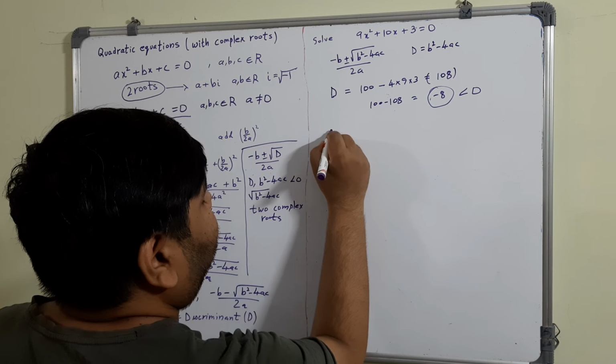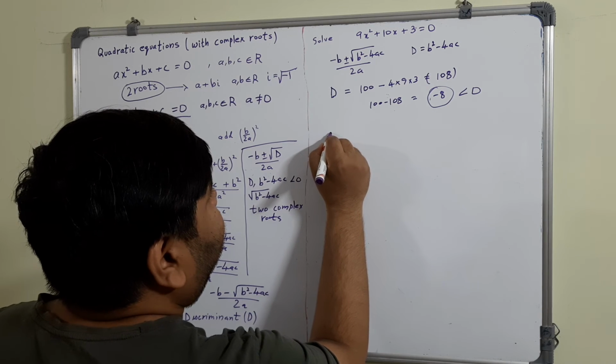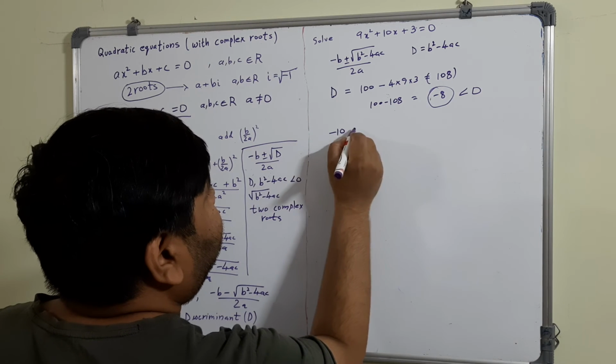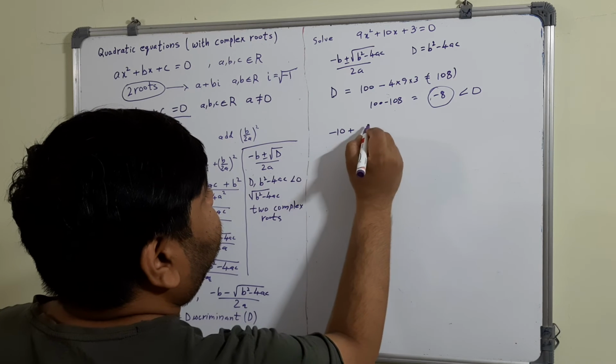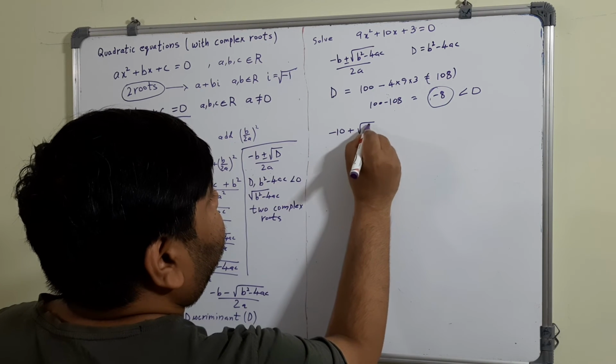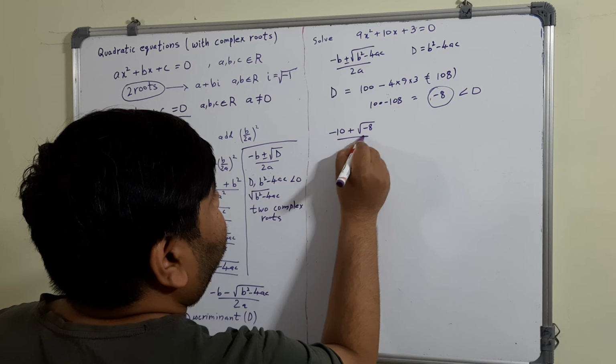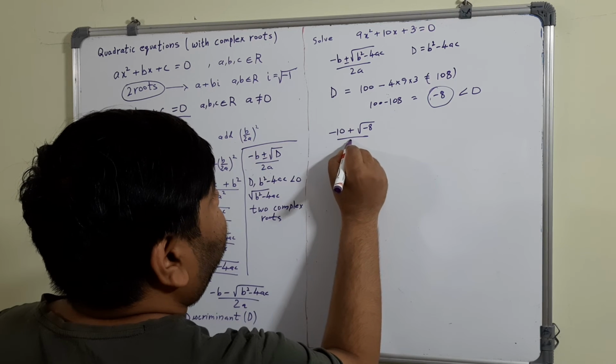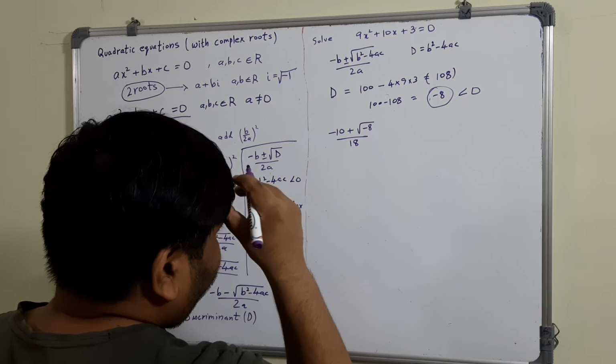Let's calculate the complex roots. Minus b is minus 10 plus root under minus 8, by 2a, which is 18.